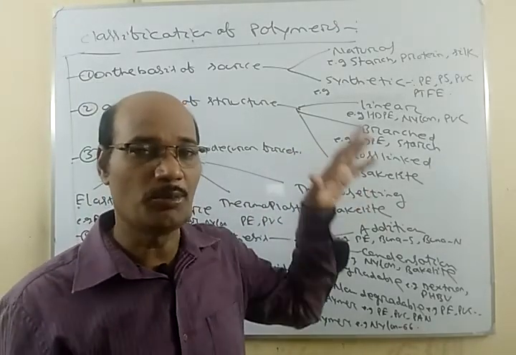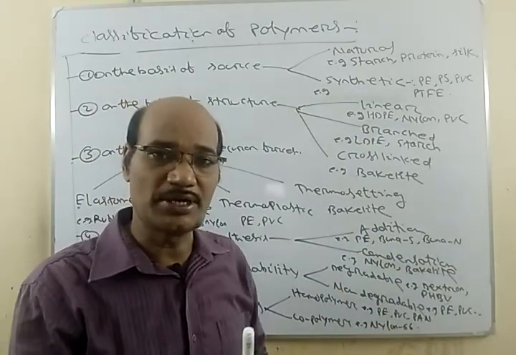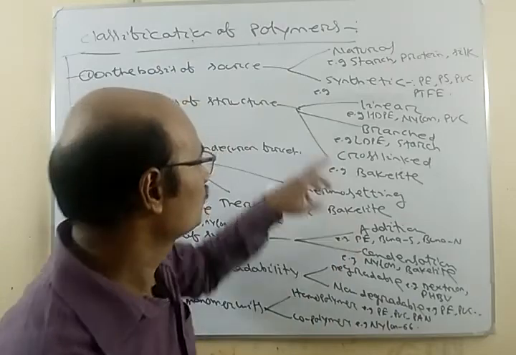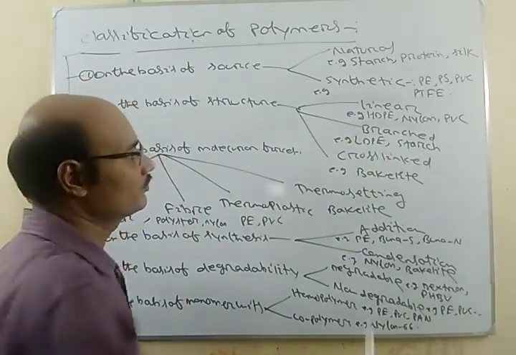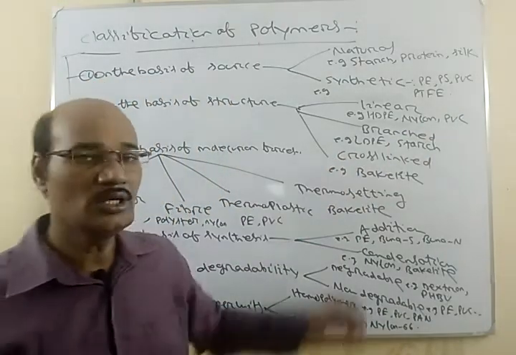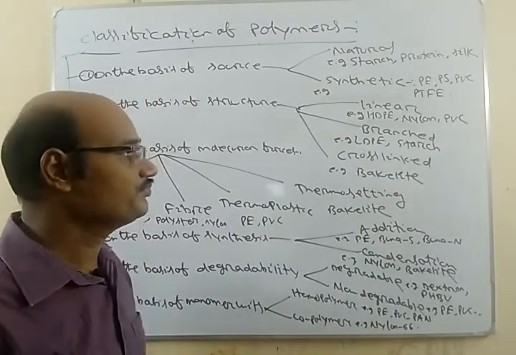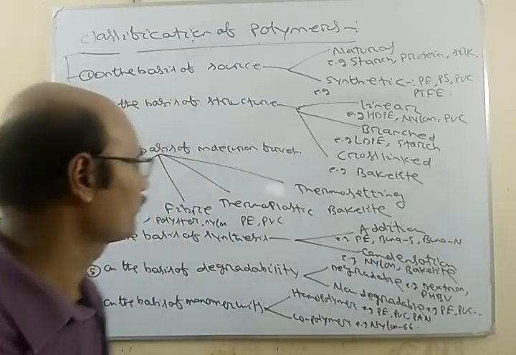Okay, linear: monomer units are joined together in a straight chain; branched: a straight chain with branches; cross-linked: a 3-dimensional structure. Linear examples are HDPE, high density polyethylene, nylon and PVC. Branched: LDPE, low density polyethylene, and starch. Cross-linked: Bakelite. Okay.